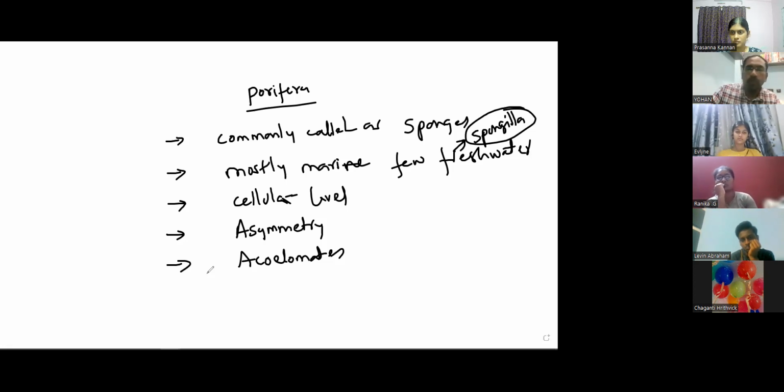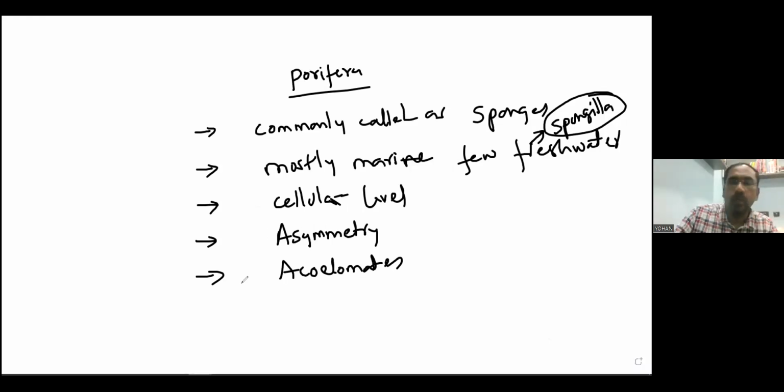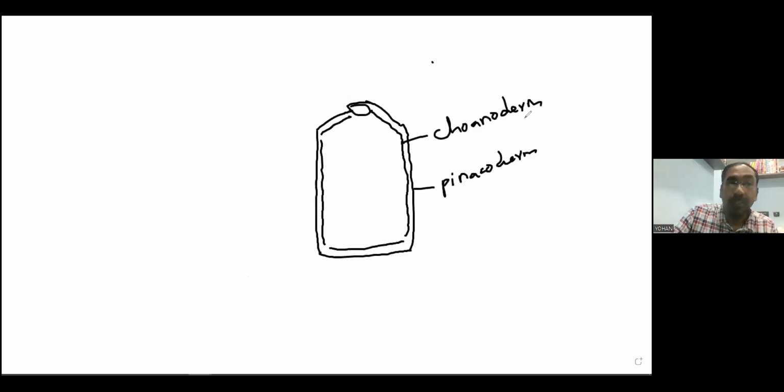The outer layer is called pinacoderm, and the inner layer is called choanoderm. But they are not diploblastic, remember.